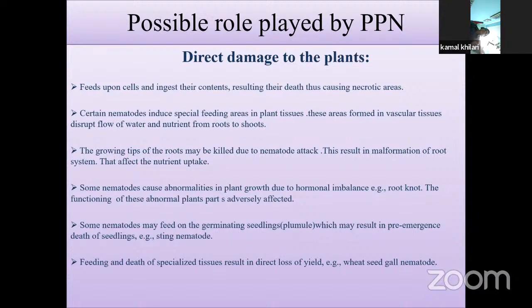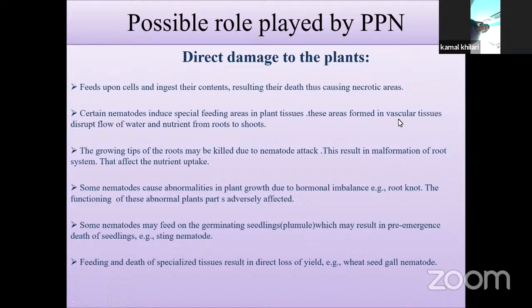that may be on the root. Particularly, most of the nematodes remain in the soil, so they cause infection in the root region. So there may be death of the plant, and then certain nematodes induce special feeding areas in the plant tissue. These areas form in vascular tissue.